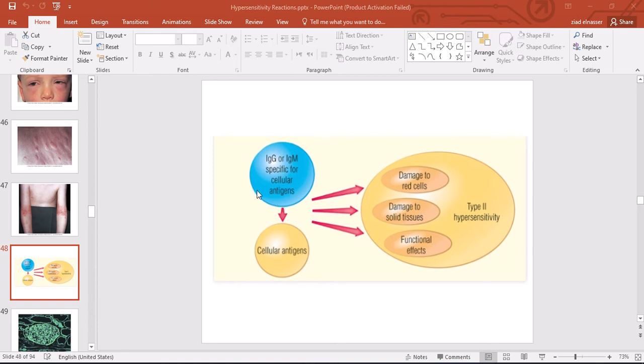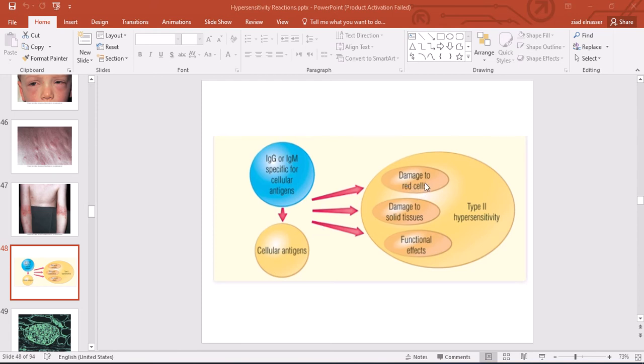So in type 2, 3, and 4, you have to know the name of the disease that is involved and the immune mechanisms, which are IgG or IgM antibody, and then what is the immune mechanism that is involved. So in type 2, it's IgG or IgM, very important to know, and then complement will be activated, and then cells are going to be destroyed.